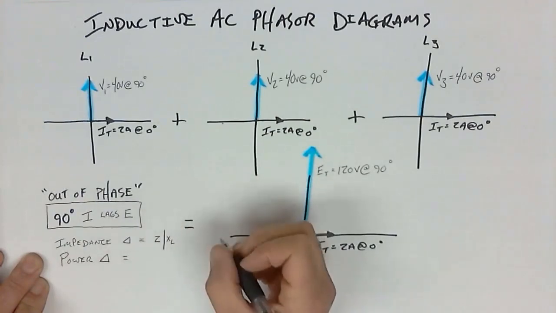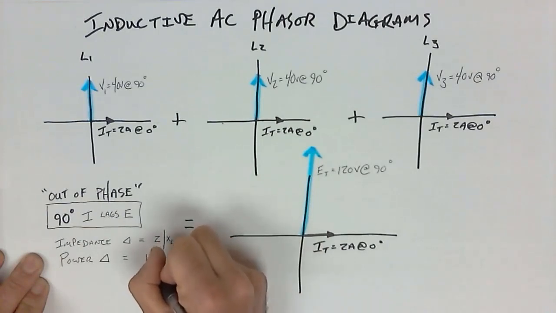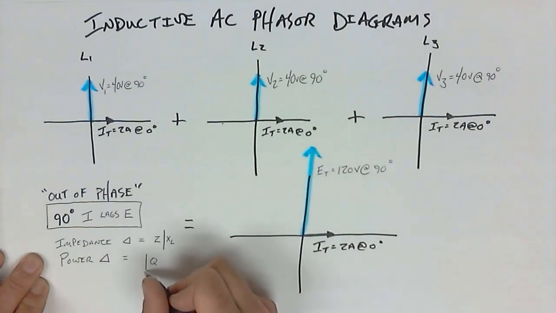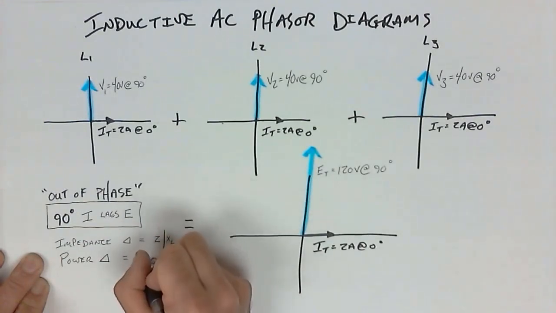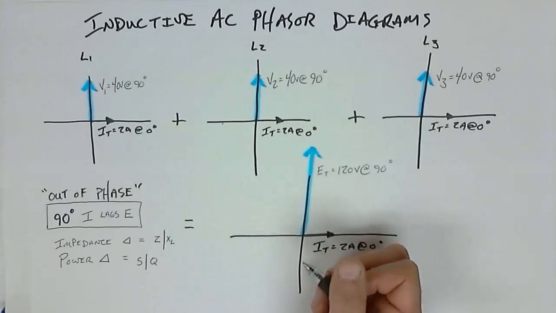A power triangle, again, would have a vertical component, and that would be Q. And since there's no horizontal or in-phase power, then the S, the VA, would be equivalent to the Q of the circuit.